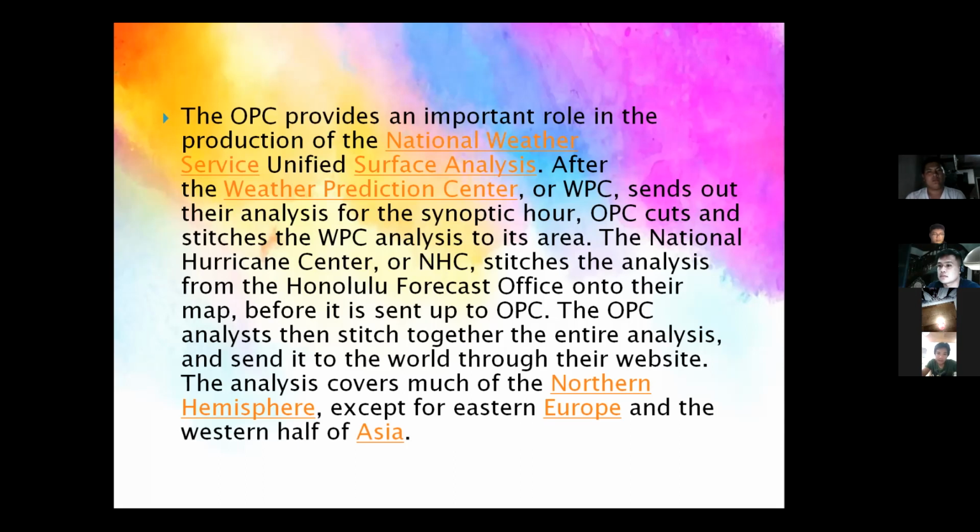The National Hurricane Center, or NHC, stitches the analysis from the Honolulu Forecast Office onto their map. Before it is sent up to OPC, the OPC analysts then stitch together the entire analysis and send it to the world through their website. The analysis covers much of the Northern Hemisphere except for the Eastern Hemisphere and the western half of Asia.